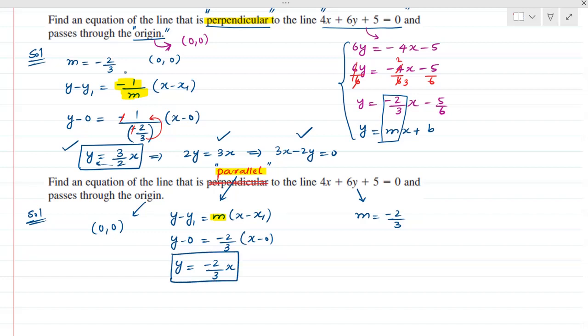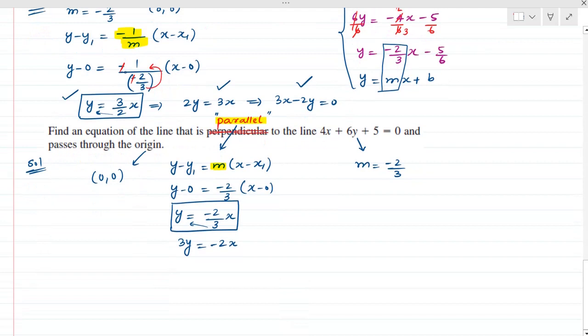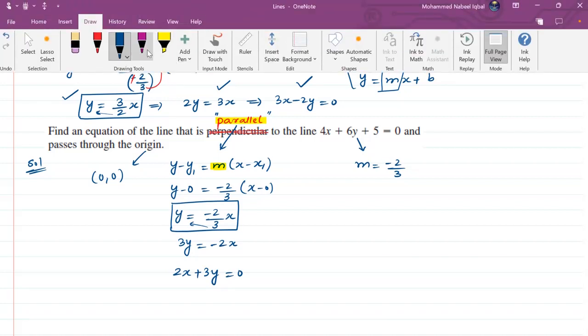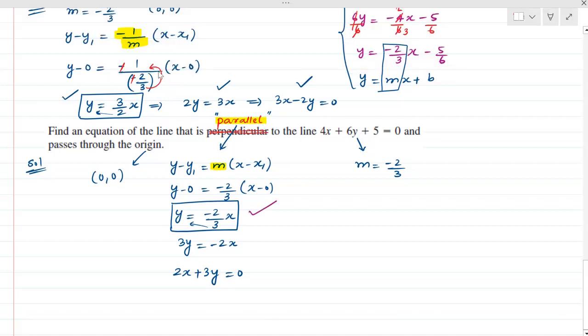When you cross multiply, you get 3y is equal to minus 2x. Since the x value is negative, I will move it to the other side. We will get 2x plus 3y is equal to 0. So all are correct. Either you can leave it here, which is also right, or this is another format by multiplying by 3. Or if you move the x term to the other side, this is the final answer. So all are correct. Thank you.